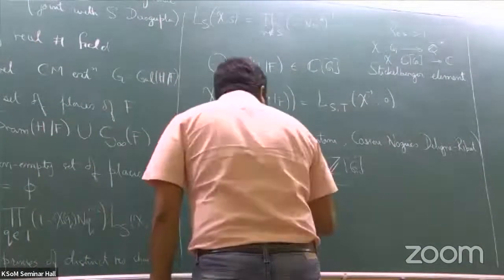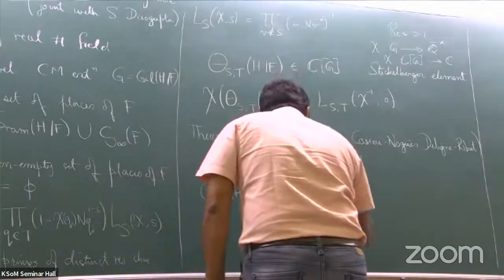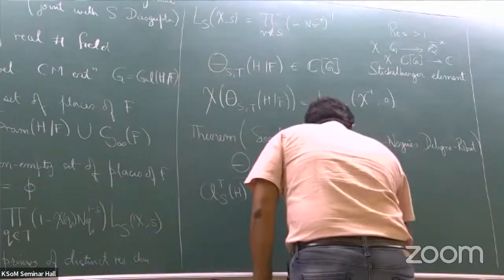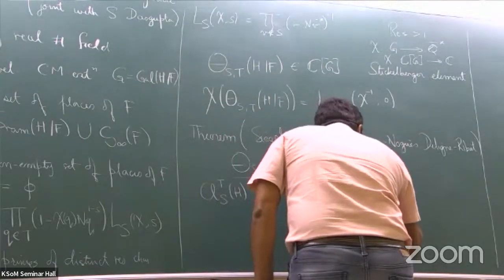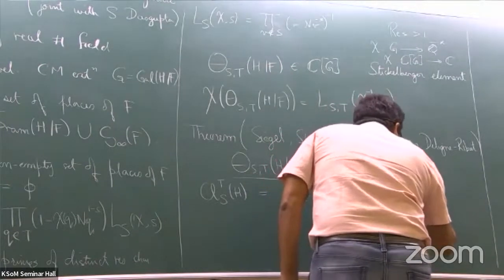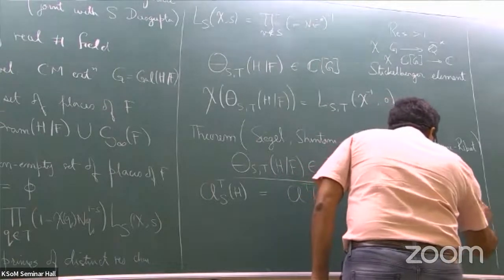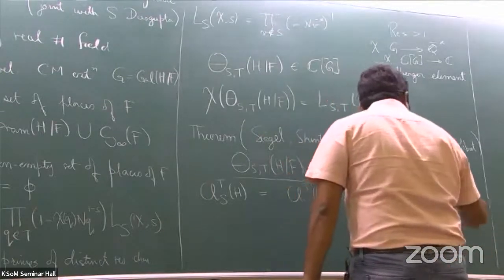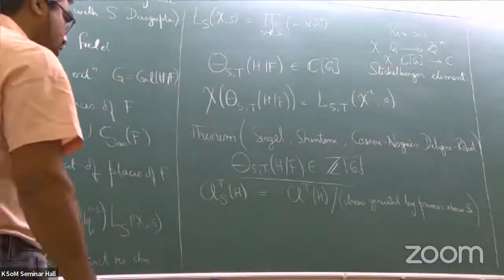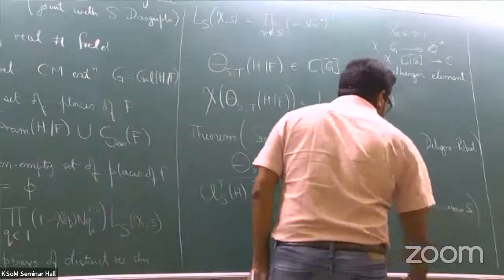This is the class group with modification at T, modded out by classes generated by primes of H above S.